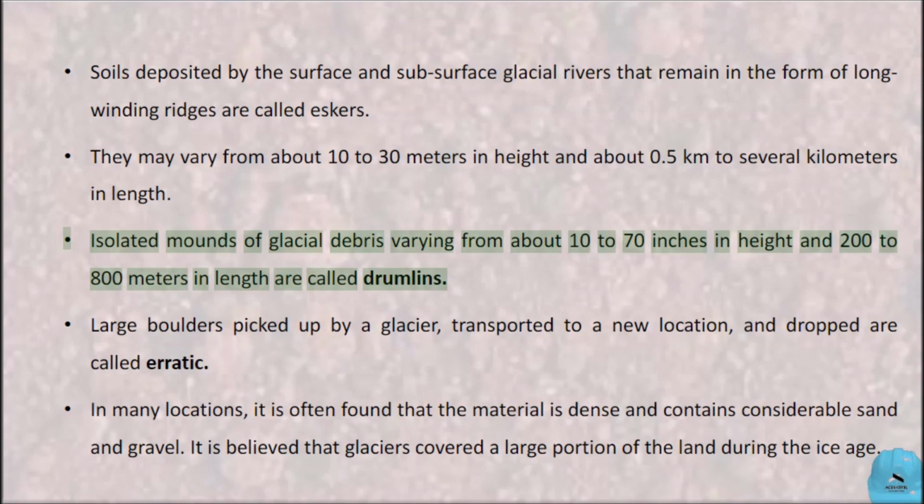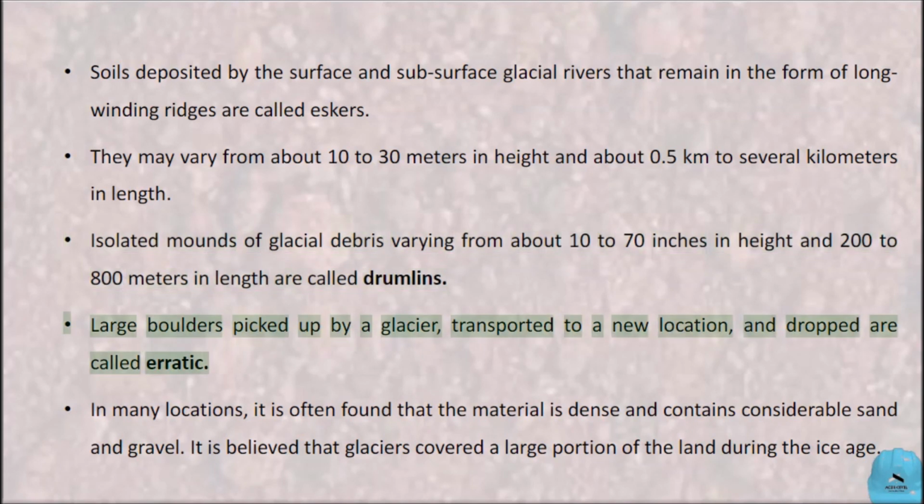Isolated mounds of glacial debris varying from about 10 to 70 inches in height and 200 to 800 meters in length are called drumlins. Large boulders picked up by a glacier, transported to a new location, and dropped are called erratics.